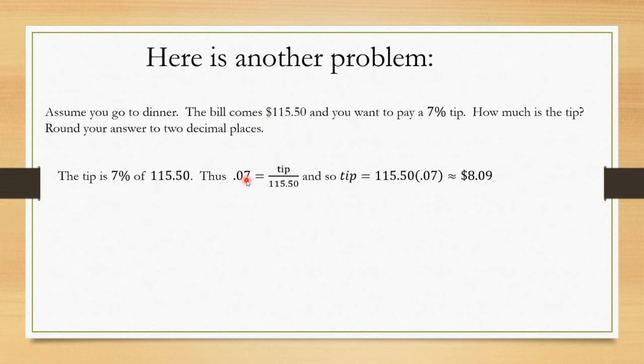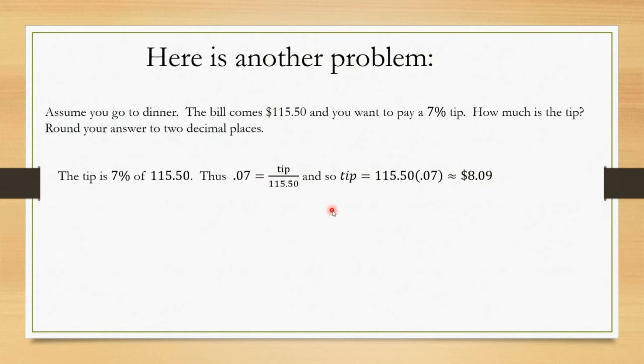7%, I wrote it as a decimal. Tip is the part, whole is the bill, the purchase. So to get the tip, we just multiply. Like so.